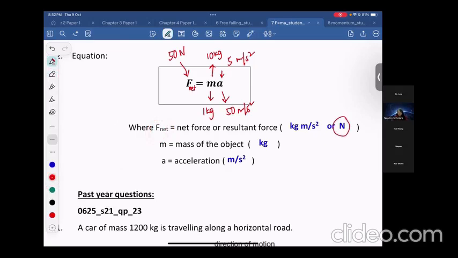Unit is in Newton, but based on F equals to ma we can also get the unit. m is in kg, a is in meter per second square. Kg meter per second square, or we just say that is Newton. Is that clear? Any question you want to ask me? If no question, then we are going to try the past year question and test our understanding. Is it okay?